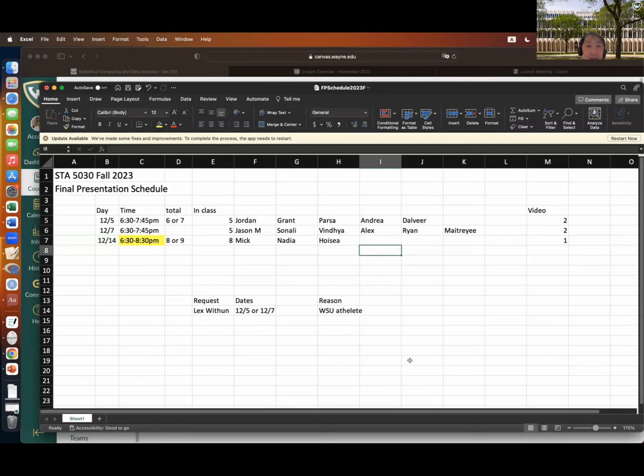Okay, so maybe I put Lex on the 5th because she requested the 5th or 7th, and 3, 6. Okay, so 6, and Mick and maybe Neil on the last day.